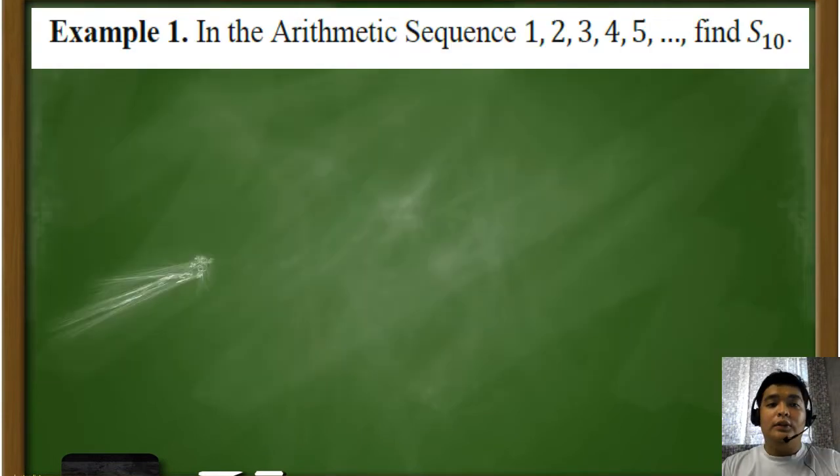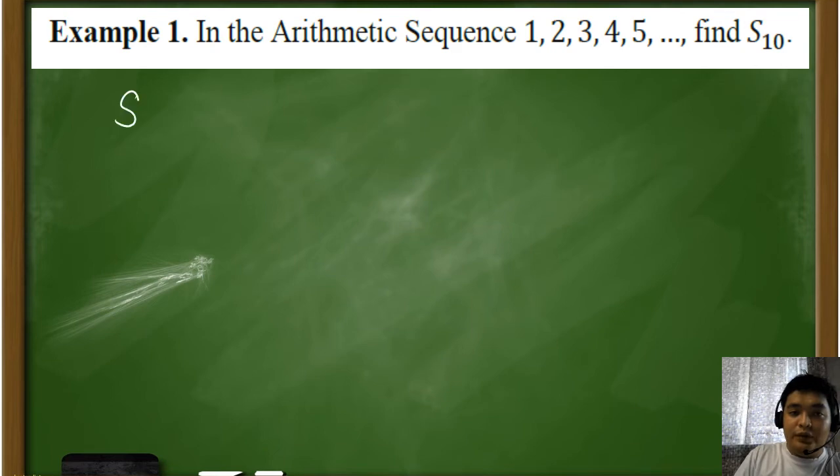Next, example 1. In the arithmetic sequence 1, 2, 3, 4, 5, and so on, find S sub 10. What do you mean by S sub 10? Meaning you will add the first 10 terms of the sequence.